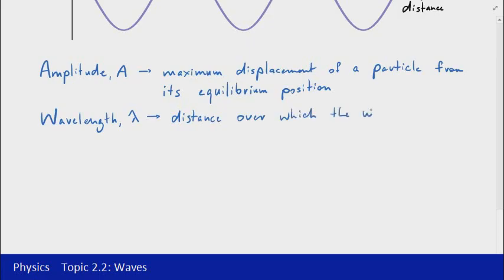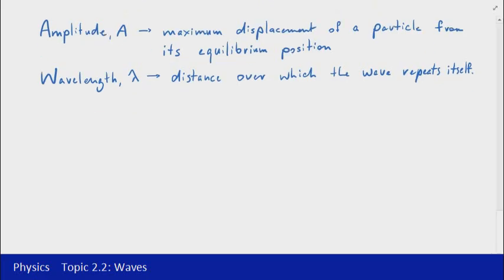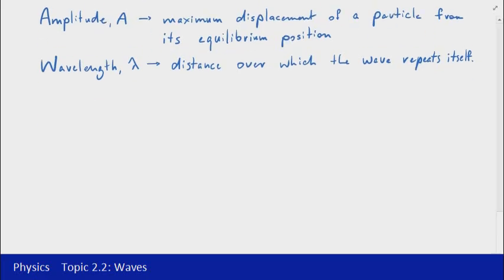So that could be that we're looking from one peak to the next peak. It could be from one trough to the next trough. It doesn't really matter what point on the wave you're observing, or even a compression to a compression in a longitudinal wave. You're looking for that repeating pattern of the distance between those two things.